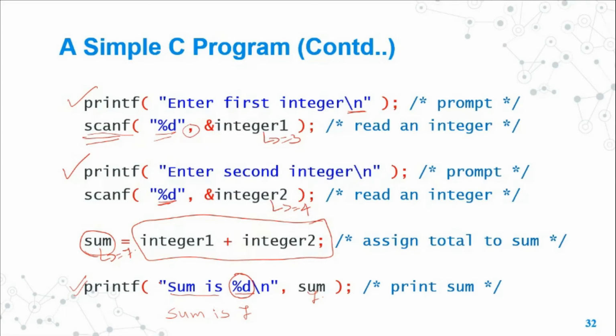The first parameter is "sum is %d\n". Then the second parameter is this sum. So if a second parameter is present, as well as a %d, where a conversion specifier or a placeholder is present in the statement, then this particular value is replaced with this sum. So that is how the printf function works.